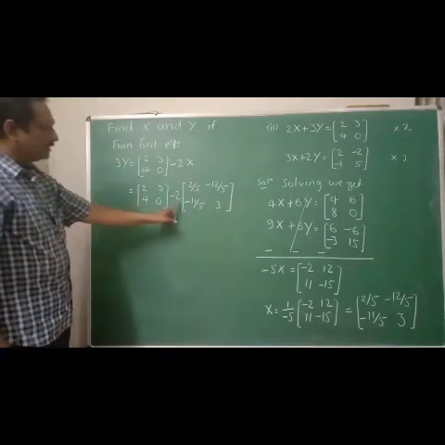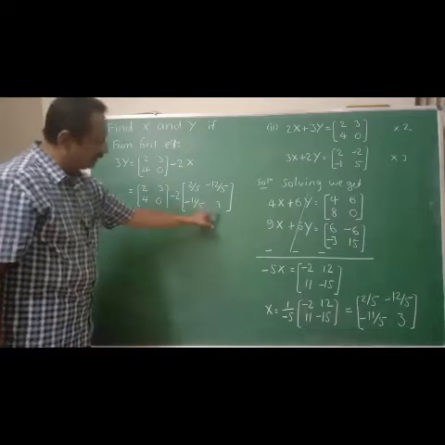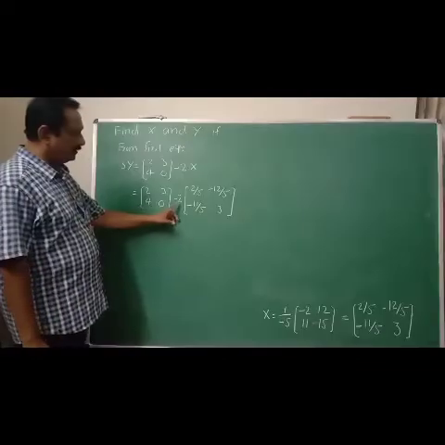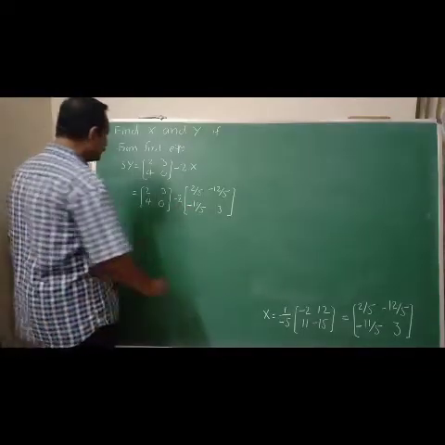Now take this 2 inside, which means multiply each element by 2.